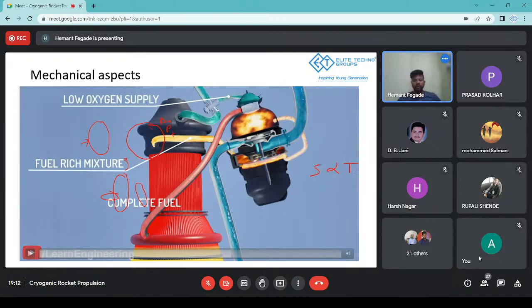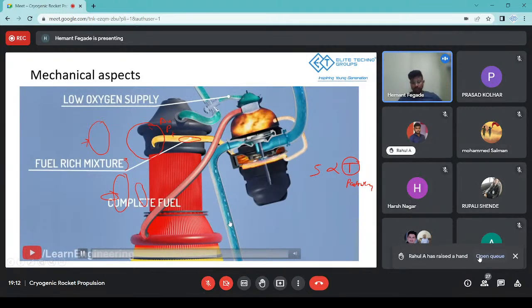So long as you are raising the temperature of the fuel, it is partially burnt. Before it gets completely burnt, it will become fuel rich over here, and that intensifies the burning of the rest of the fuel, generating the appropriate amount of thrust that we are going to need.